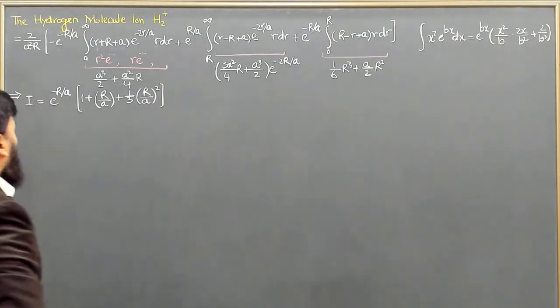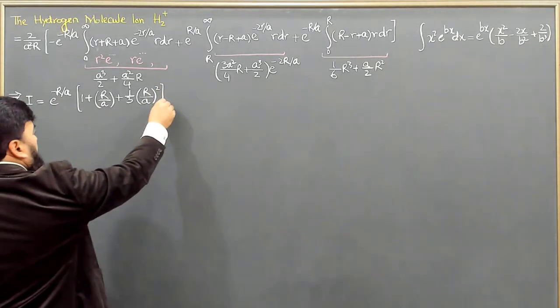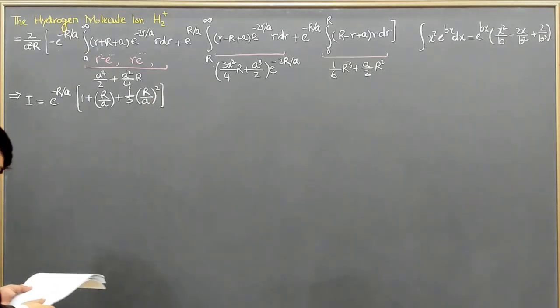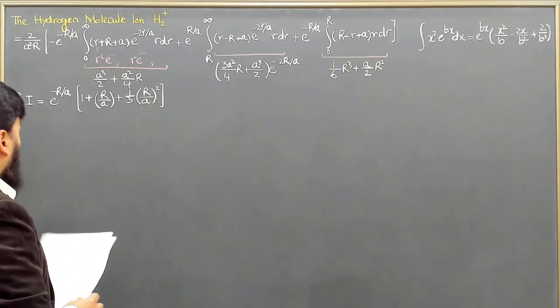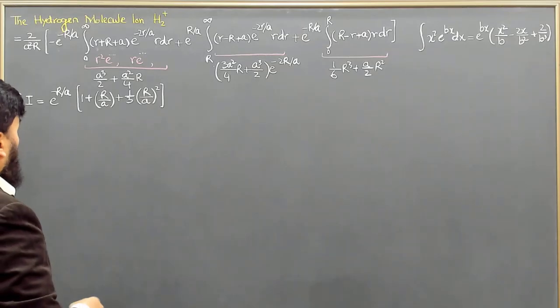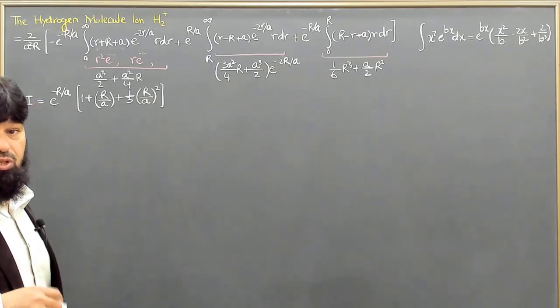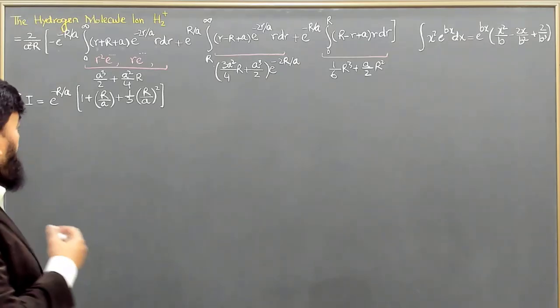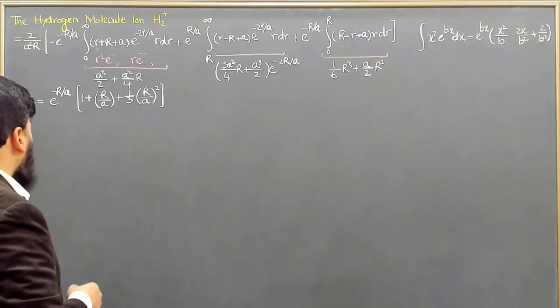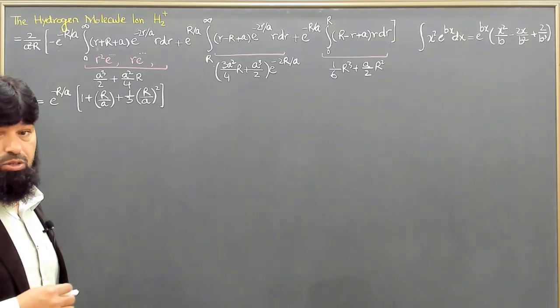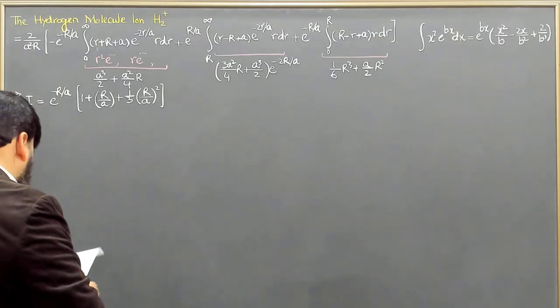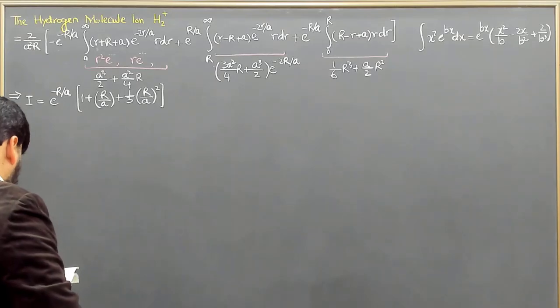So this is the final solution of the integral, and I have solved this one step by step, with all the simplification. When you have the lecture notes, you will have all those steps. It is needless to write all those steps here because this will make our lecture much lengthier.